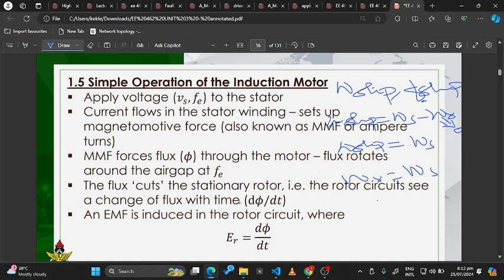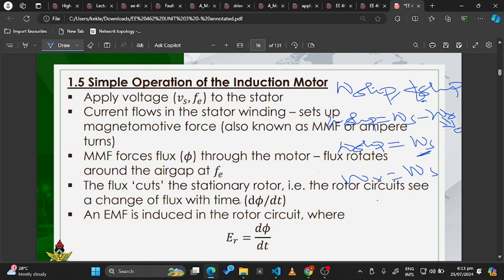Let me go again. The speed that the rotor sees at all times is omega s minus omega r. At starting, omega r was zero, so omega slip, which is the frequency or speed that the rotor is seeing, is equal to omega s, the synchronous speed. So when the rotor has not started moving, it stands there seeing the flux moving very fast at omega s.